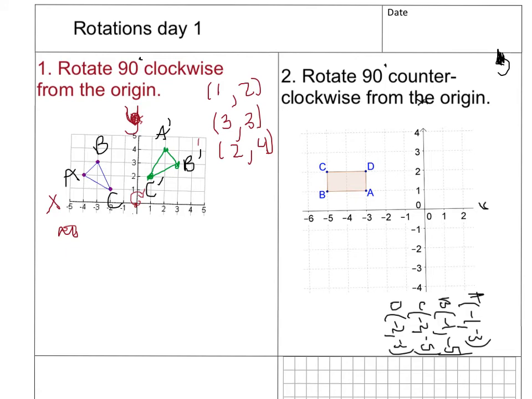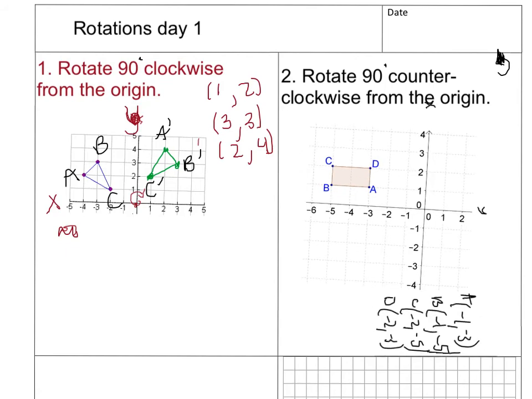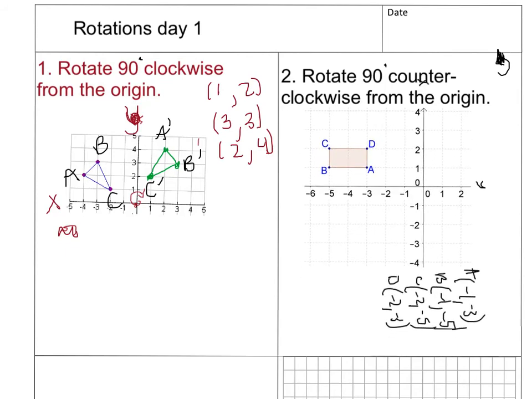All right, so graphing point A. A is at (-1, -3), so that's my A prime. B is (-1, -5). Sorry, I'm adding another number on here, so I'm adding a 5.